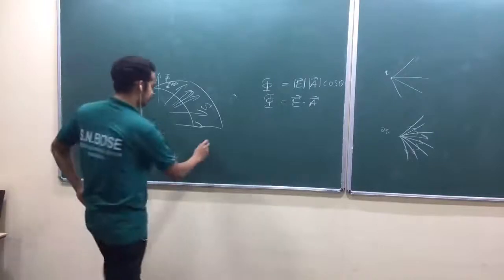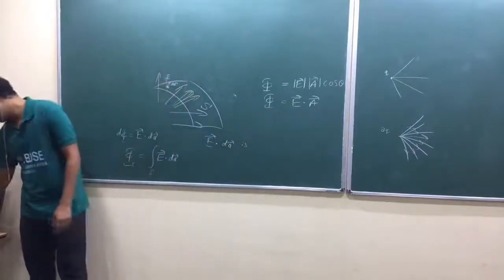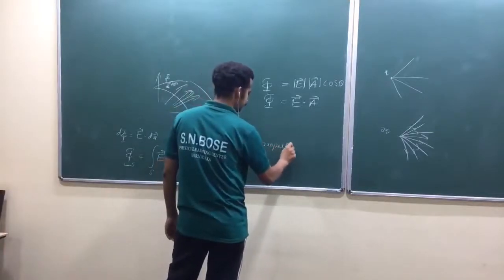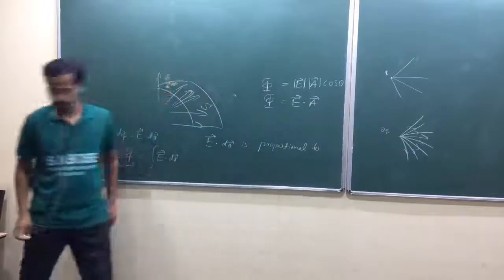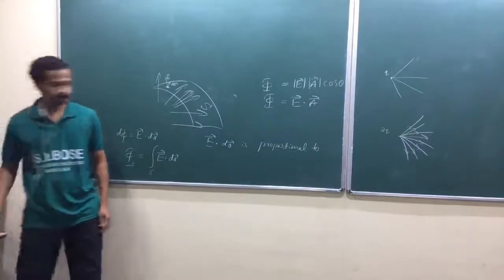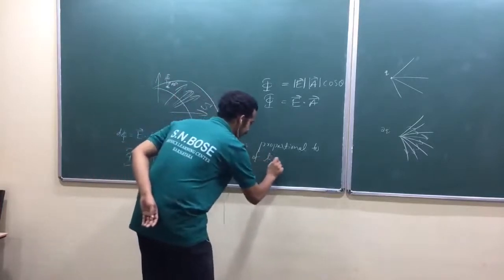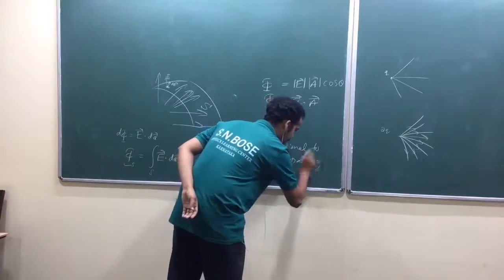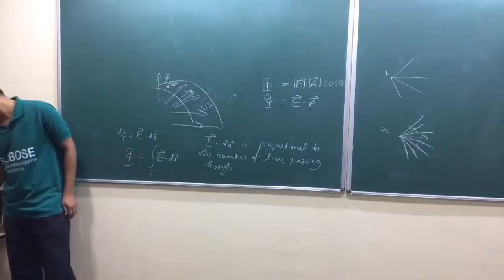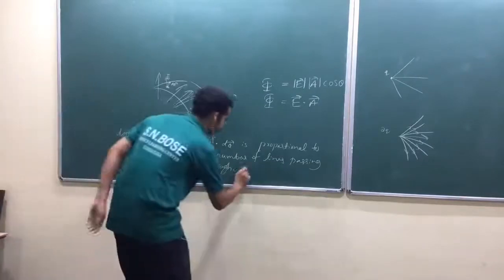Can you just write one more sentence here? E dot dA is proportional to the number of lines passing through the dA vector.